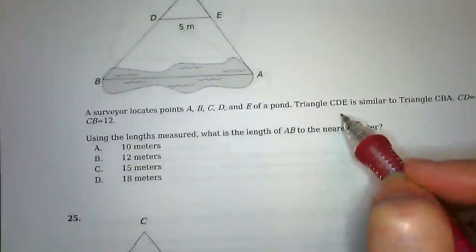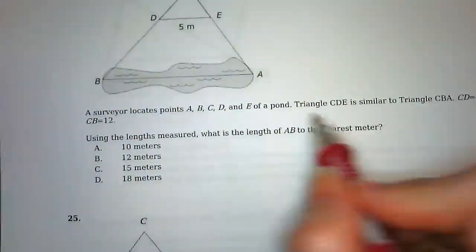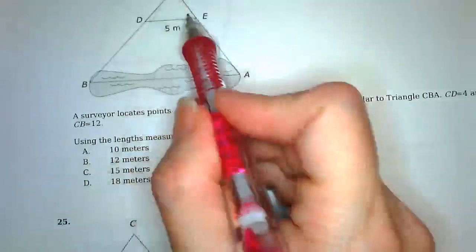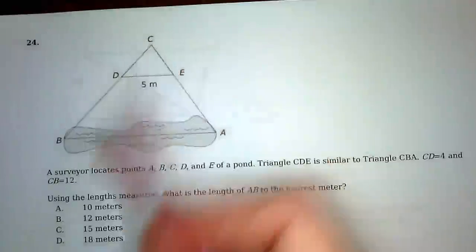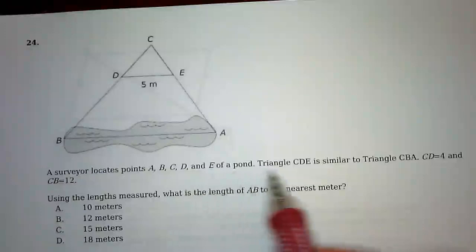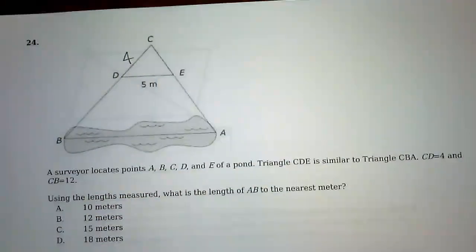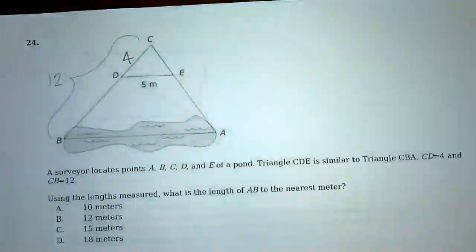All right, a surveyor is trying to measure across a pond. So this little triangle up here is similar to this large one right here. Okay, CD is 4, and CB is 12, so the whole thing is 12.